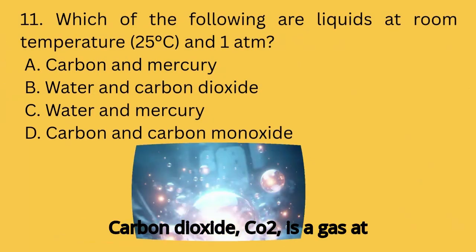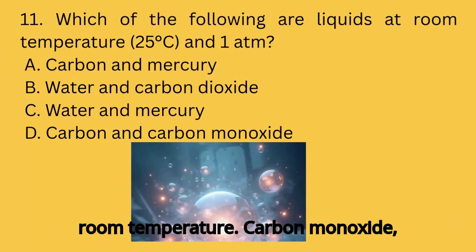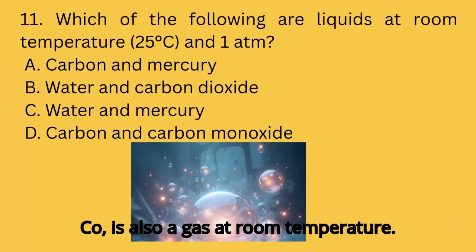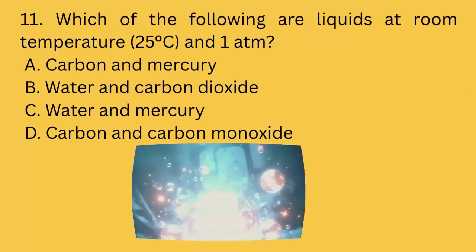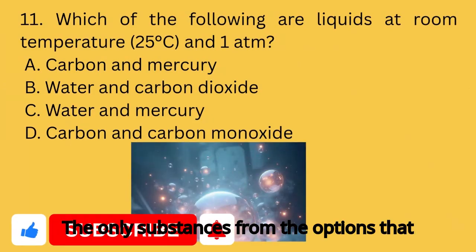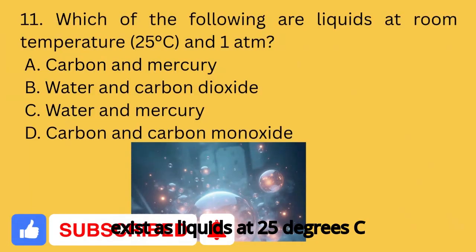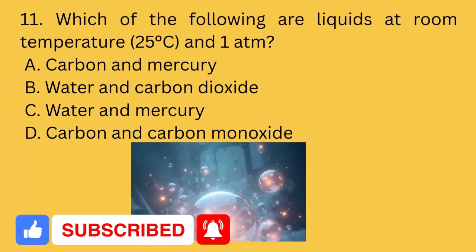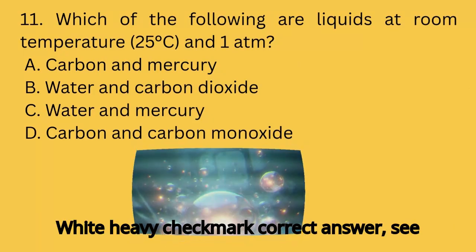Carbon dioxide, CO2, is a gas at room temperature. Carbon monoxide, CO, is also a gas at room temperature. The only substances from the options that exist as liquids at 25 degrees C and 1 atm are water and mercury. Correct answer: C, water and mercury.